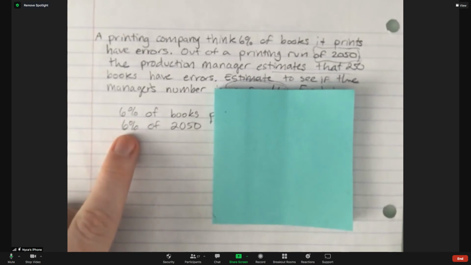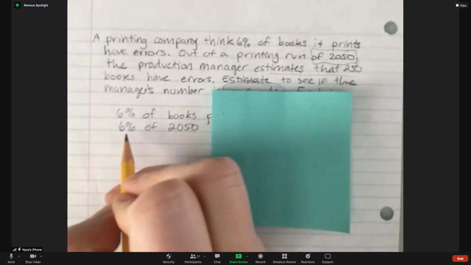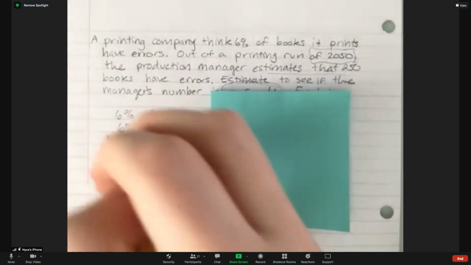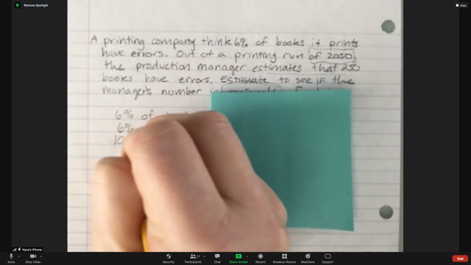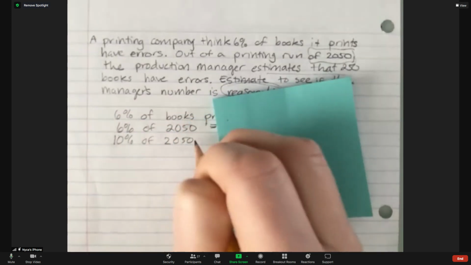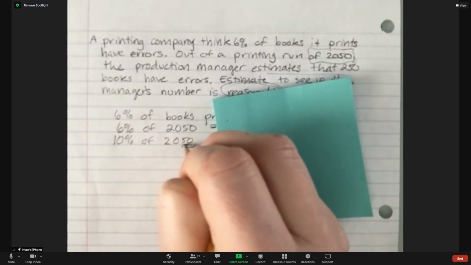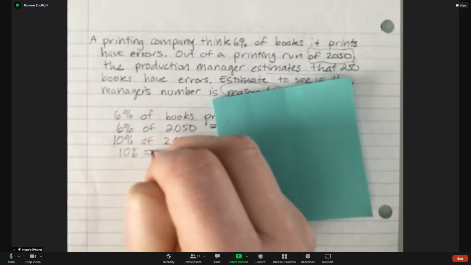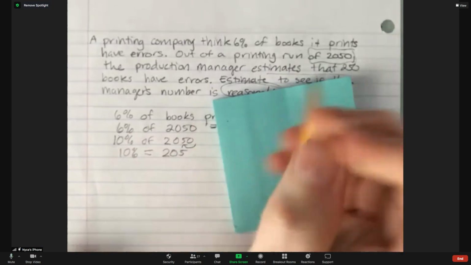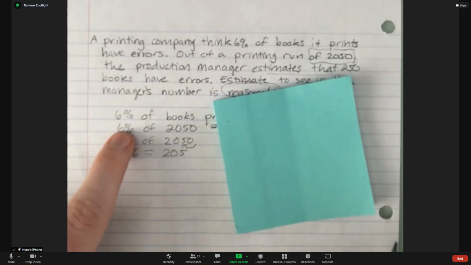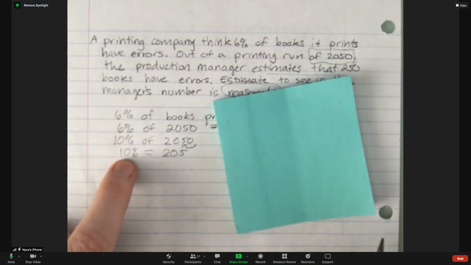All right, well, if we take 10%, 6% is about half of 10%. So 10% of 2050, remember, that means move the decimal one place. So 10% equals 205. But do we want 10%? No, we want 6%. 6% is about half of that.